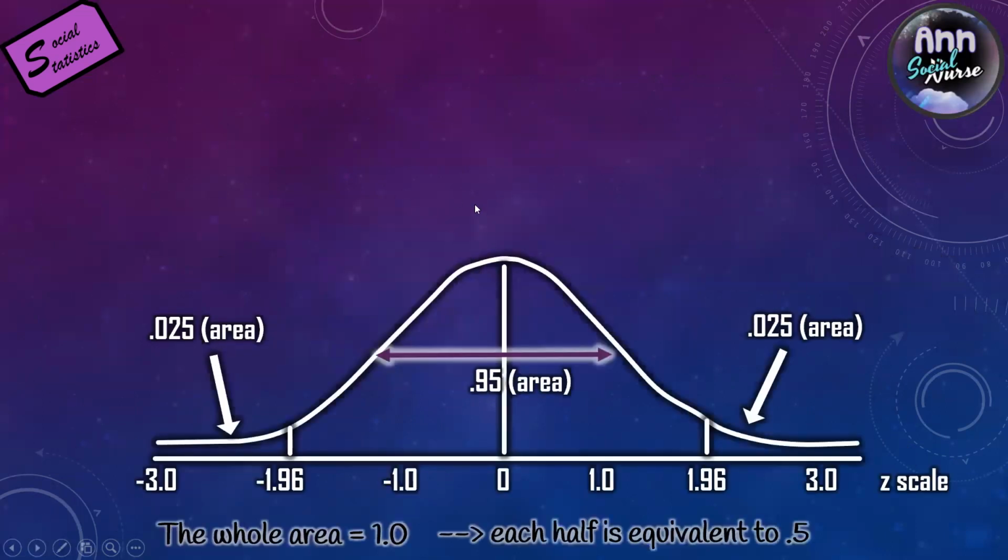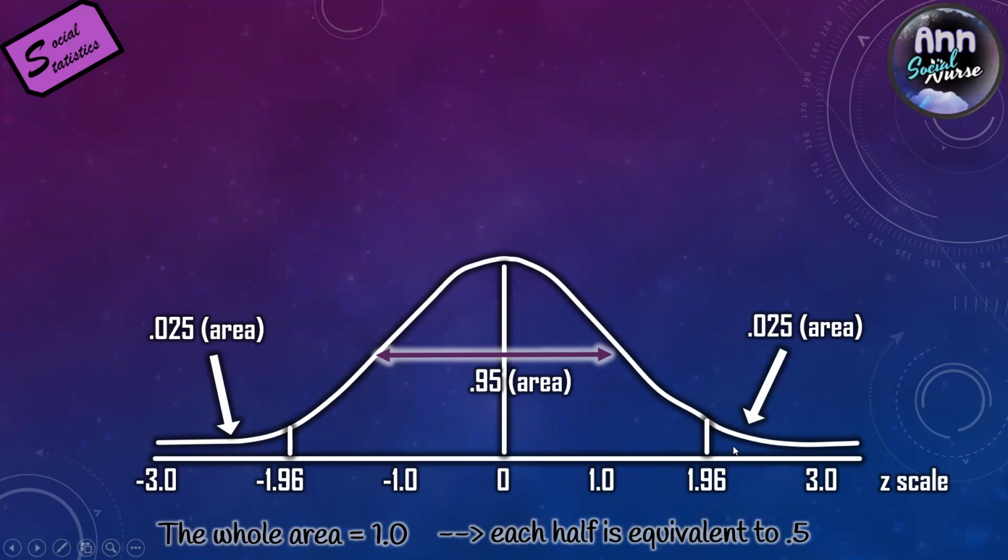By the way, I have here this normal distribution diagram, just to understand better about the tail, one tail, two tails. The whole area, just a review, is equal to 1. Each half is equivalent to 0.5.